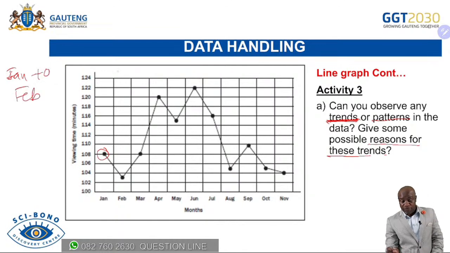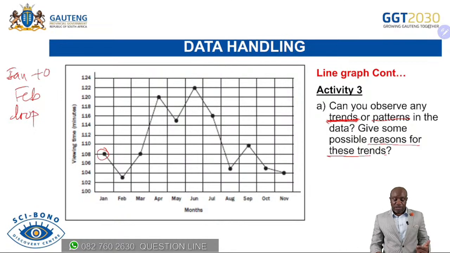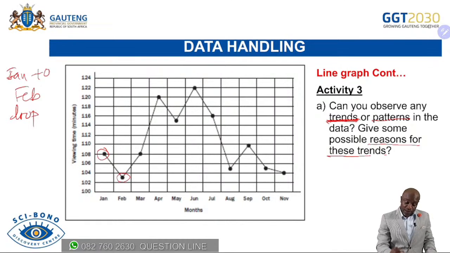You need to write February in full there. Right? What's happening there? Possibly it was a school holiday in January, and all of a sudden schools are open. You can't be watching TV all the time when you have books to read. You have maths literacy to do. You can't be watching TV all the way.